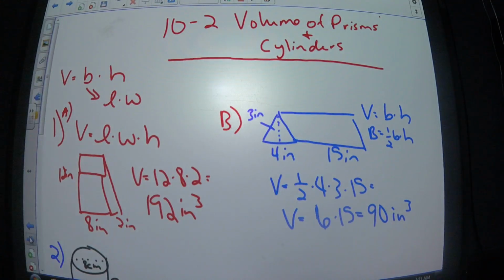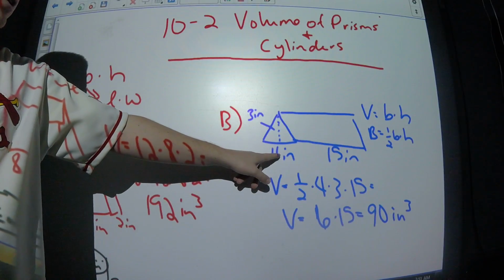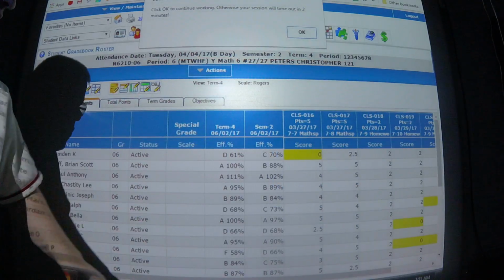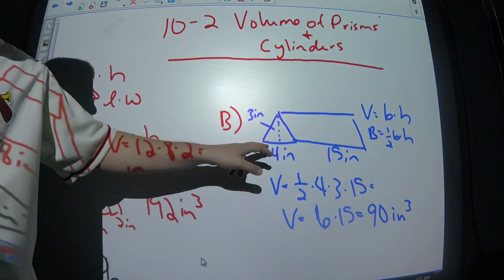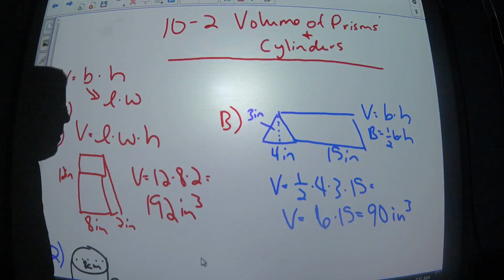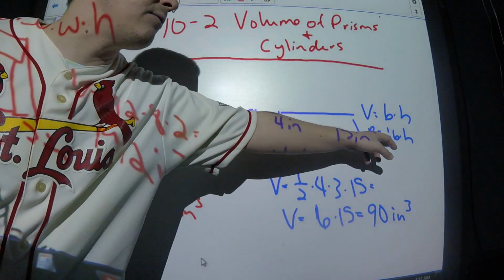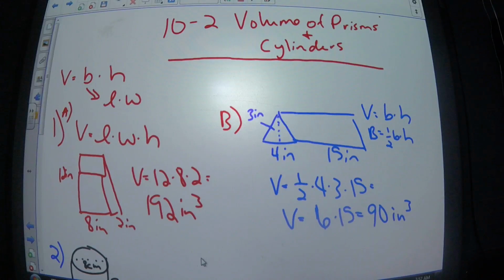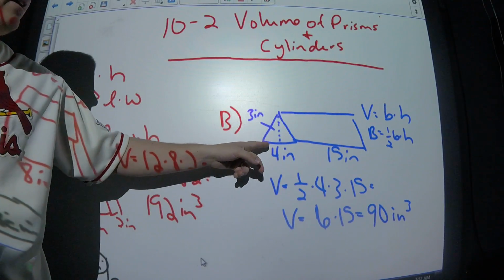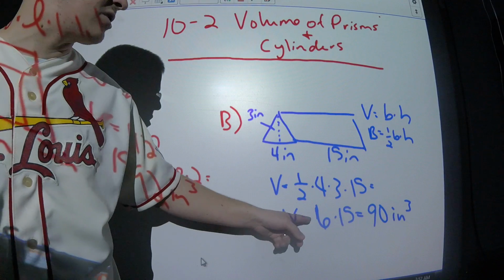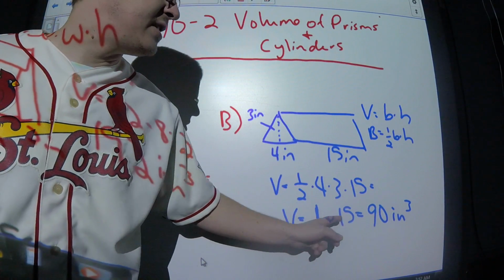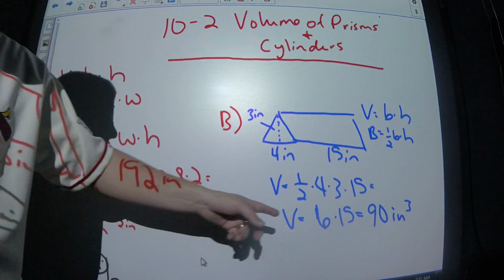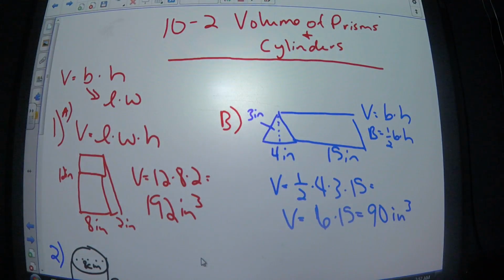So the triangular base is 4 times 3, which is 12, but then you take half of that, because remember the area of a triangle is 1/2 base times height. So 4 times 3 divided by 2 gives you 6, times the height, which is 15. So 15 times 6 is going to give you 90 inches cubed.